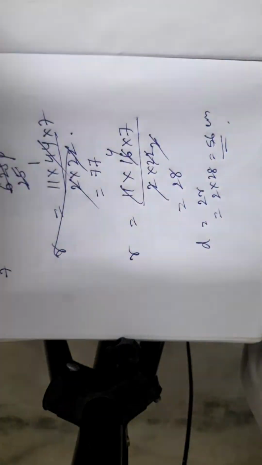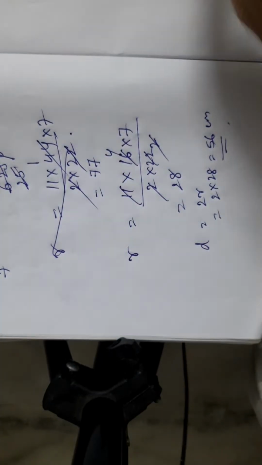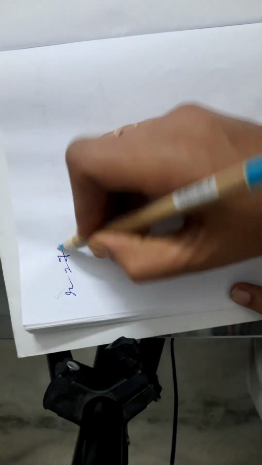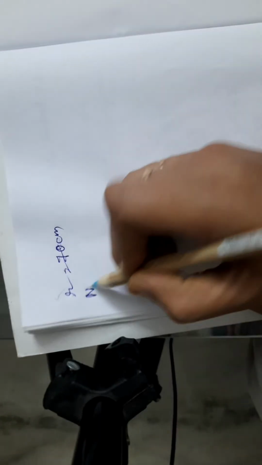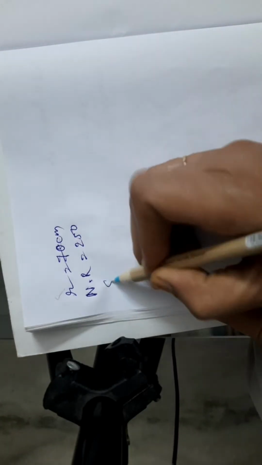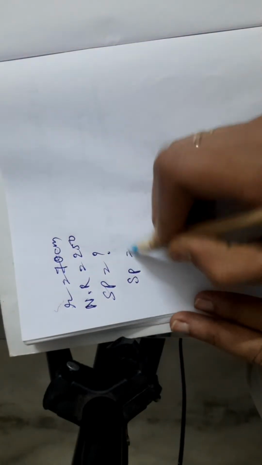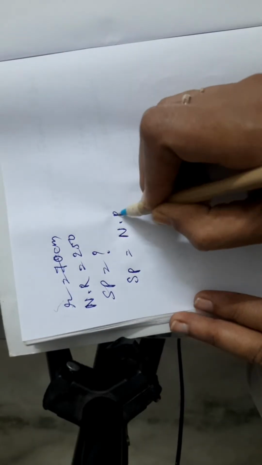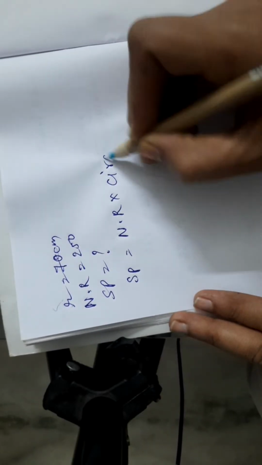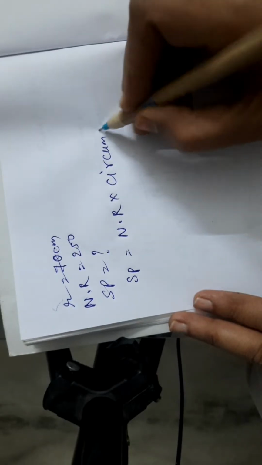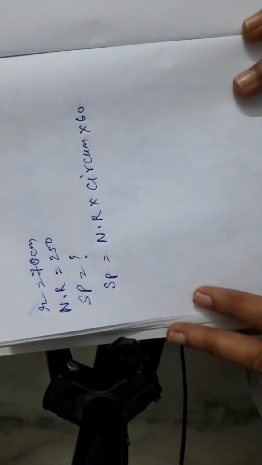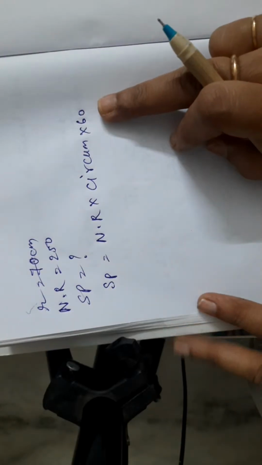Radius is given as 70. It is making 250 revolutions. So here radius is 70 centimeters, number of revolutions 250. We need to find the speed. So speed is equal to number of revolutions multiplied by circumference, then multiplied by 60, as speed is always calculated in 1 hour, and 1 hour is 60 minutes.